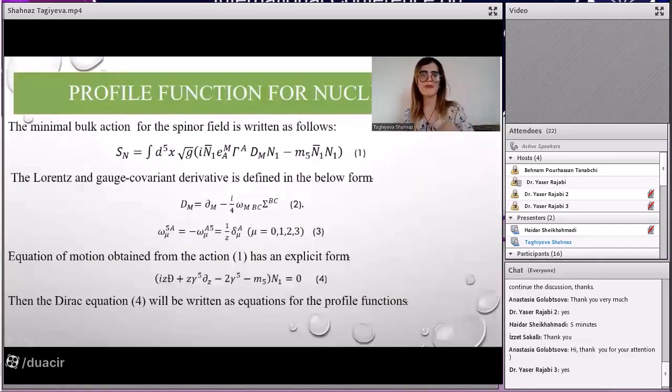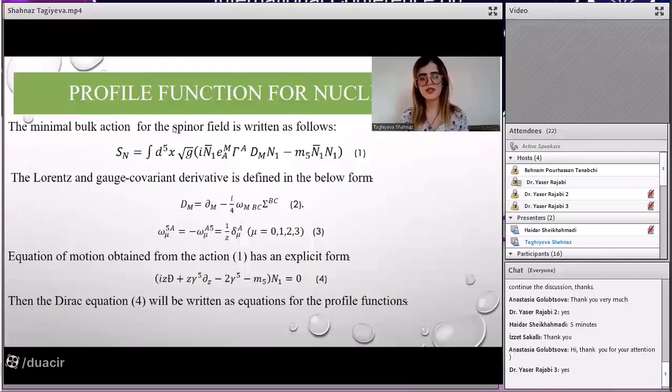Then we have to define the bulk function for the nucleon, and we must use the quark action for the spinor field in one expression. This is D_M, the Lorentz and gauge covariant derivative, and this is defined in the form.